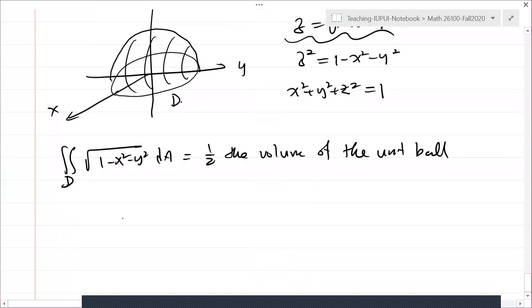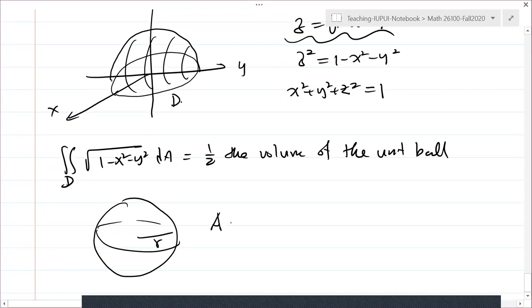Okay, let me record this volume formula for the ball. The surface area is going to be 4 pi r squared, and the volume is going to be 4 pi over 3 r cubed. So this is going to be 1/2 times 4 pi over 3 times 1 cubed. So it's 2 pi over 3.